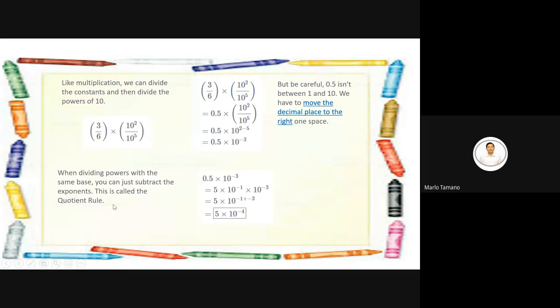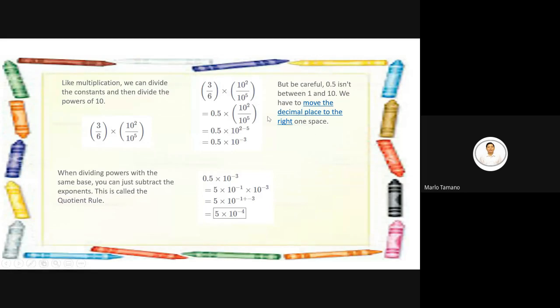Sa multiplication, yung ating powers of 10 ay pinagpa-plus ang exponent. Pagdating naman sa division, pinagsusubtract ang exponent. Okay, so let us continue. But be careful, 0.5 is not between 1 and 10. We have to move the decimal place to the right one space.